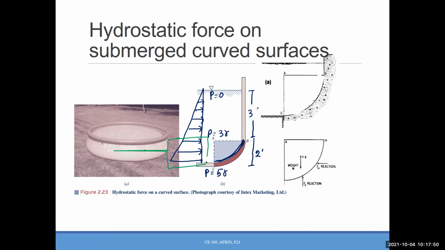That is actually the pressure on this side, right? Here the pressure is 3 gamma, and here the pressure is what? 5, yes. Now we will get all the magnitudes from here, and we need to place that on this surface.